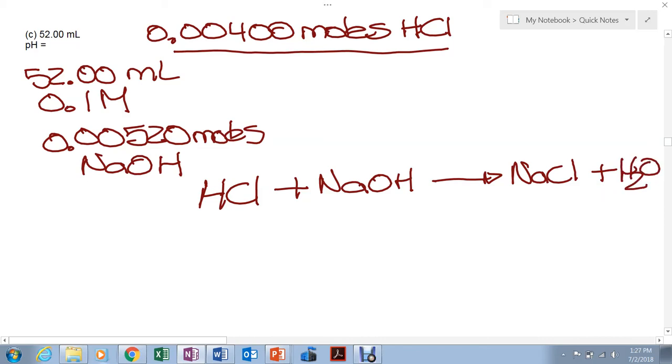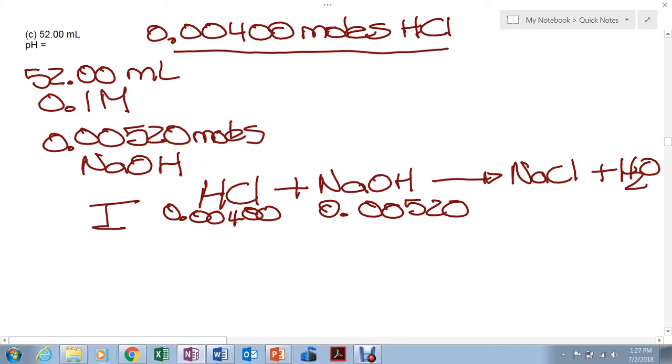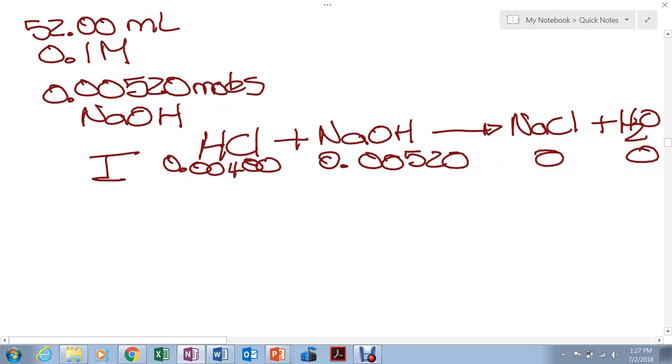So here you got initially 0.00, you haven't had anything, plus 0.00520, because we're using from the beginning. Like we started that and we added this. So initially at the beginning we had nothing here. So now after adding 0.0520, what is going to be the change?